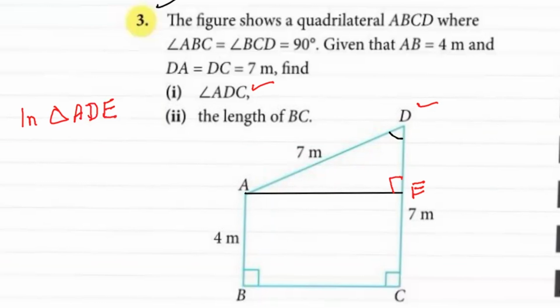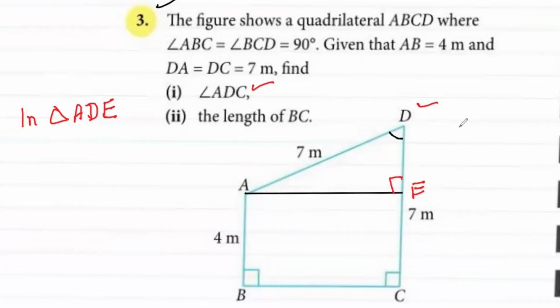Here in this triangle, you can see that side AE is not given. Only AD is given. What about AE? To find out the angle of a right angle triangle, at least two sides must be given, whether AE or DE.